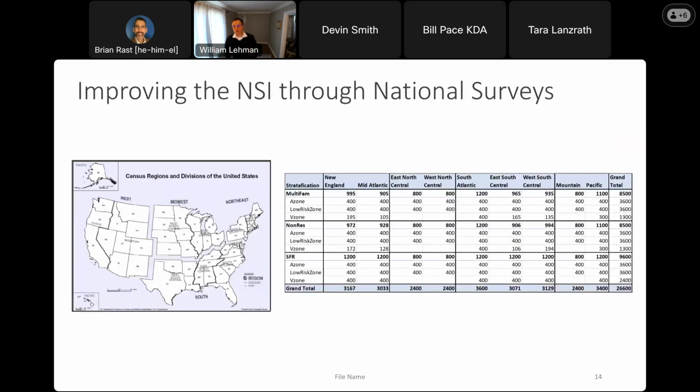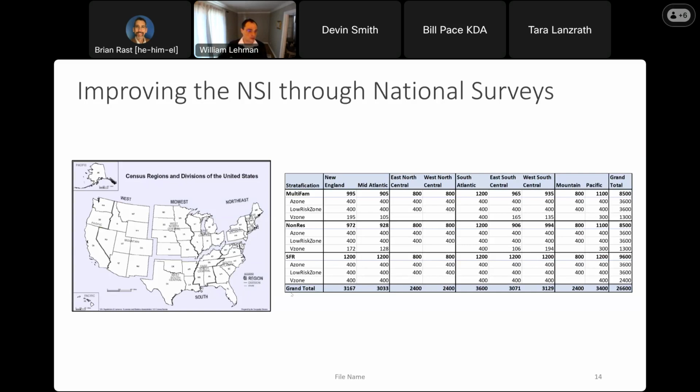To support improvement of the National Structure Inventory across the entire nation, we actually did perform national level surveys. So in 2020, we conducted 26,000 desktop surveys of structures to improve our understanding of the distribution of foundation heights across different regions and across different strata of the flood hazard.